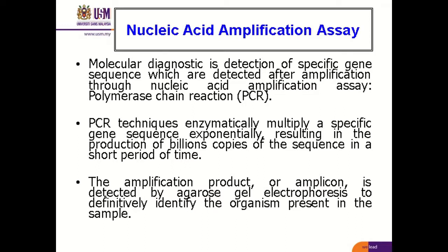PCR techniques enzymatically multiply a specific gene sequence exponentially, resulting in the production of billions of copies of the sequence in a short period of time. The amplification product, or amplicon, is detected by agarose gel electrophoresis to definitively identify the organism present in the sample.